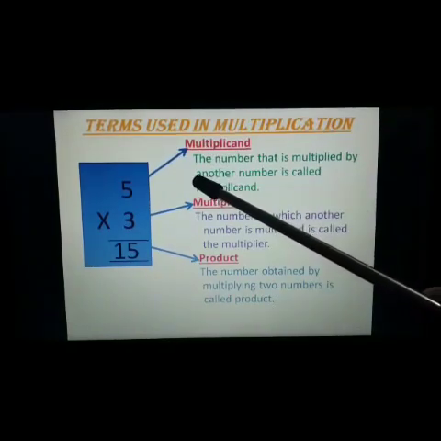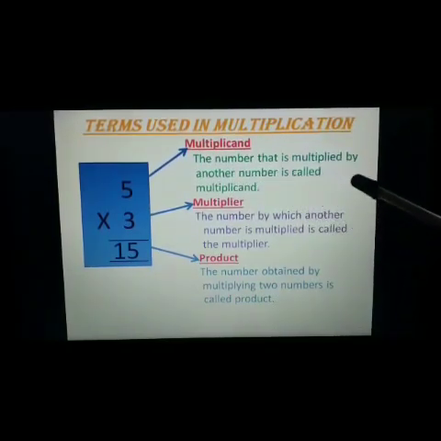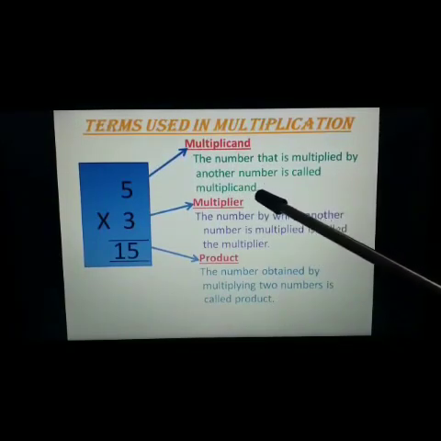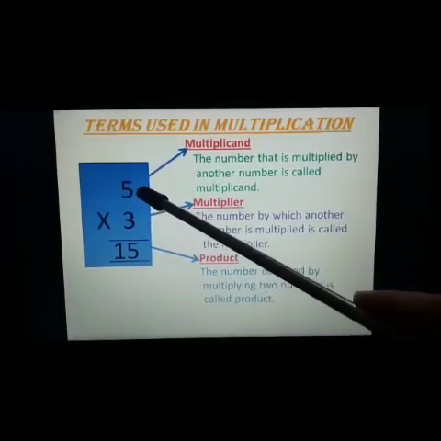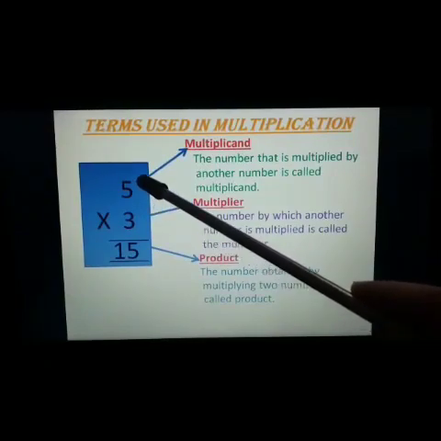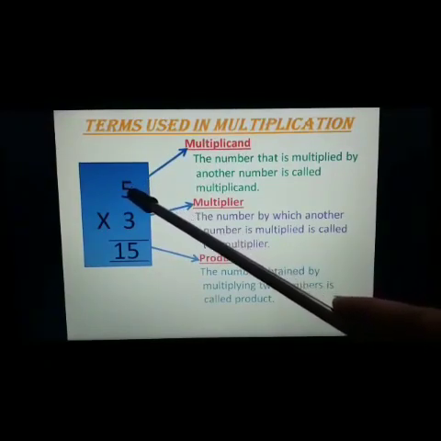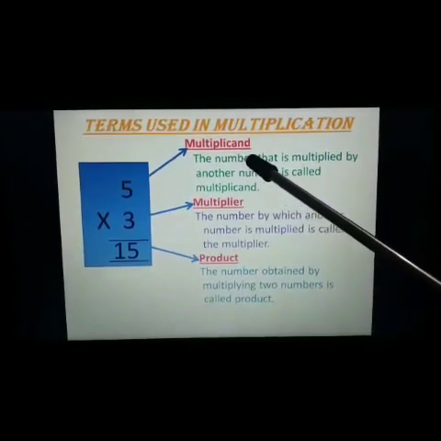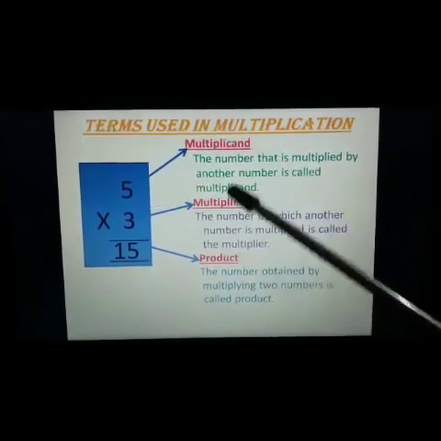Multiplicand. The number that is multiplied by another number is called multiplicand. Now here 5 is multiplicand. हम 5 को मल्टीप्लाई कर रहे हैं. जिस नंबर को हम मल्टीप्लाई करते हैं उसे हम क्या कहते हैं? मल्टीप्लिकेंड.